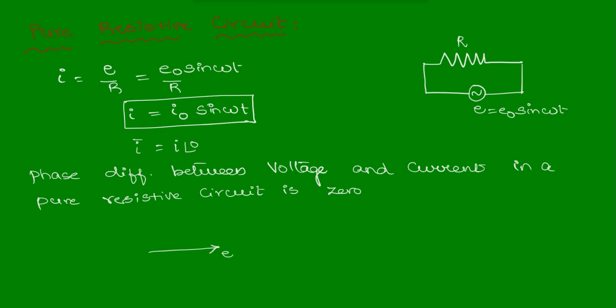If voltage is in this direction, current will also be in the same direction. Suppose in a plane like this, if voltage is in this direction, current will also be in the same direction. And as both are sine functions, the sine curve also we can represent like this. If this is our voltage graph, the corresponding current graph will be like this.